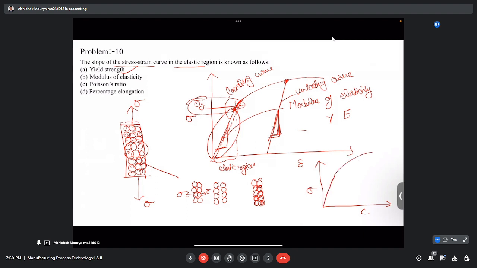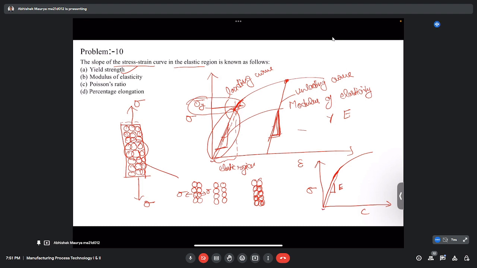So suppose this is the stress strain curve we have got, and if there is no sharp change between the elastic and plastic region, then what we will do? We will make a parallel line with the same slope, and that slope is what? That is Young's modulus.